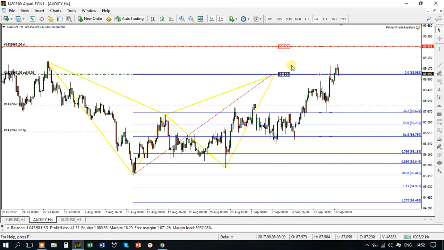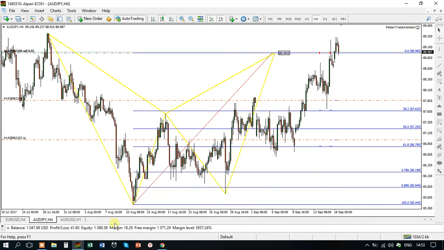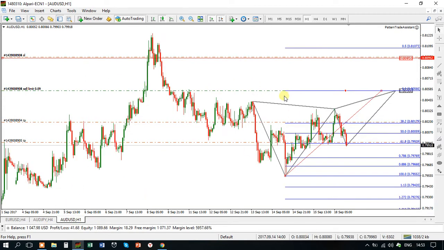Okay, third, Pattern Trade Assistant should be attached to the chart, of course, and auto trading should be enabled. If it is disabled, like this, you will have the sad face. It should be enabled and it should be attached on every chart you are going to trade. It won't work if you have the Pattern Trade Assistant here and you don't have it here.